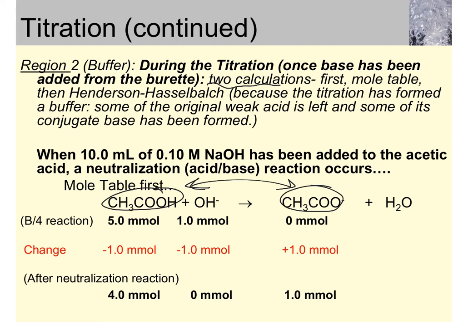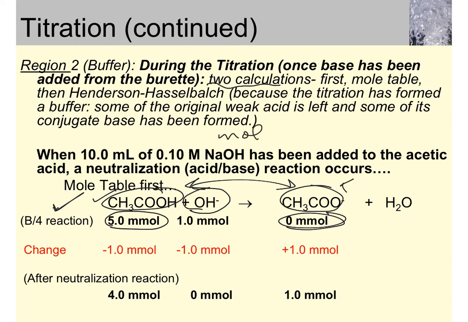So setting up a mole table, you need to find moles or millimoles, whatever you're more comfortable with, of the initial moles of the acid. Of course, the conjugate base is 0 initially. And then find the moles of the base that you have added. So remember how we're finding moles, right?